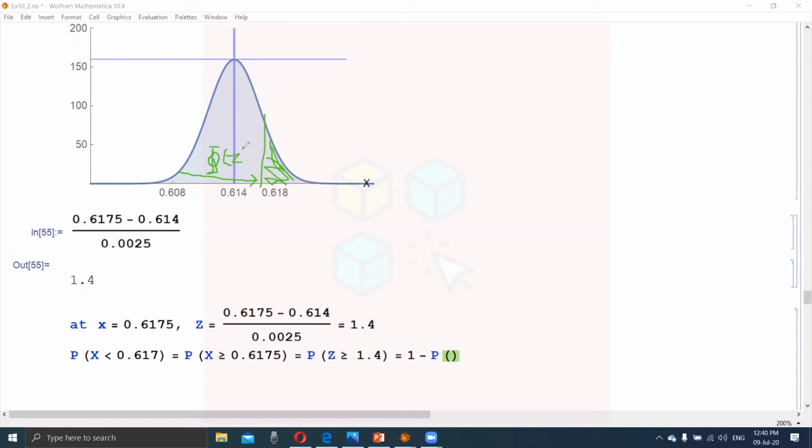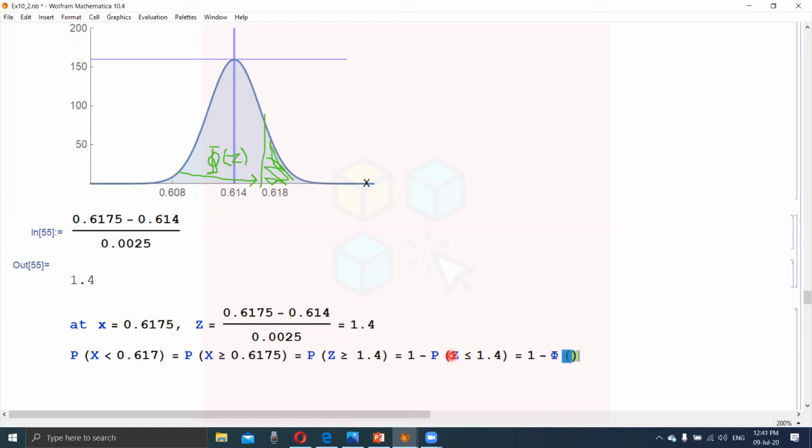So we have to subtract this phi of z from 1. So we write the probability z less than or equal to 1.4, and this can be written as 1 minus capital phi of 1.4.